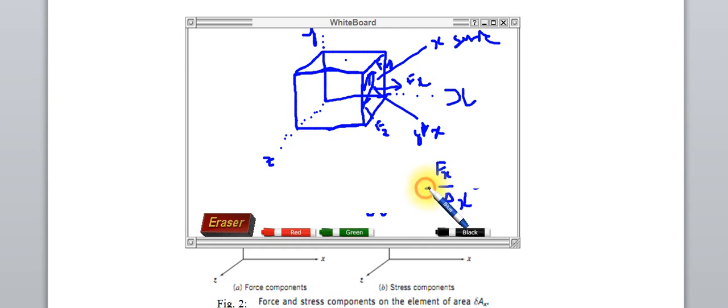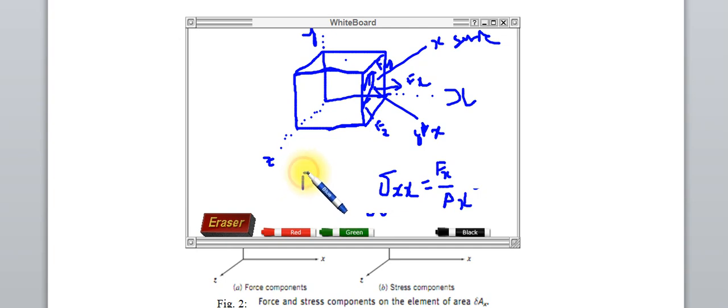What is this? Actually this is nothing but stress, and as this is in the x plane in the x direction, the x will be considered normal, and the stress which develops will be normal stress.